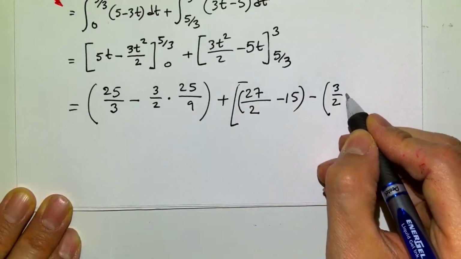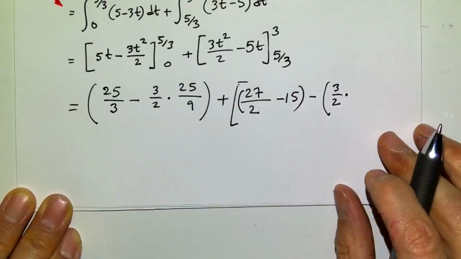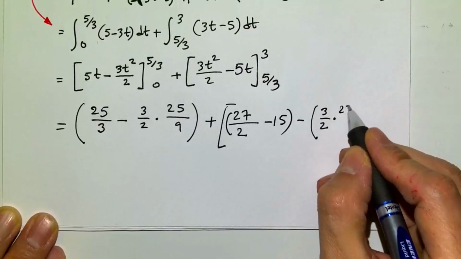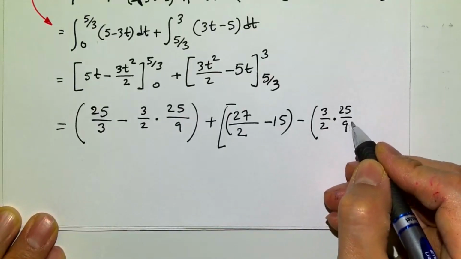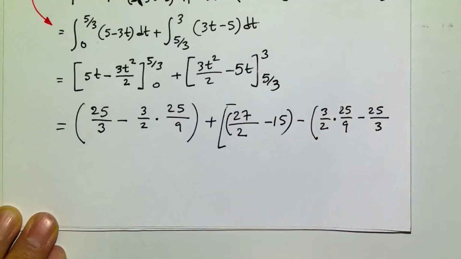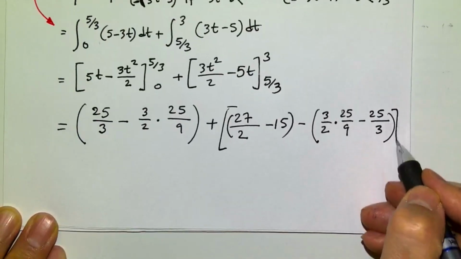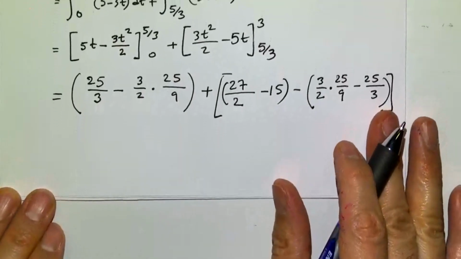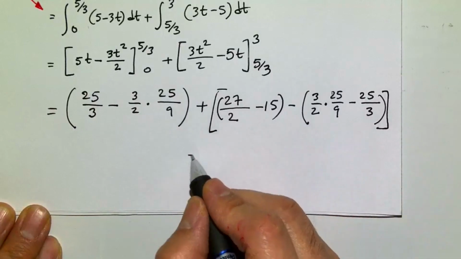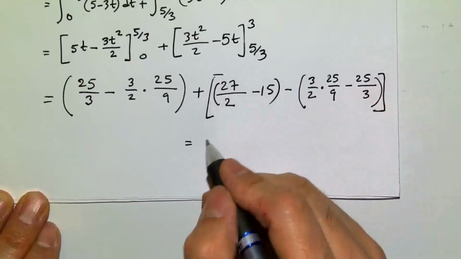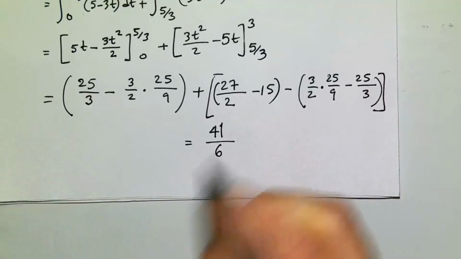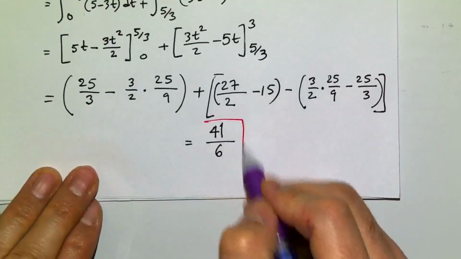We get 3 halves times 25 over 9 minus 25 over 3. Okay, like that. So this is all just algebraic manipulation, and after that, hopefully we all agree that this is 41 over 6 meters.